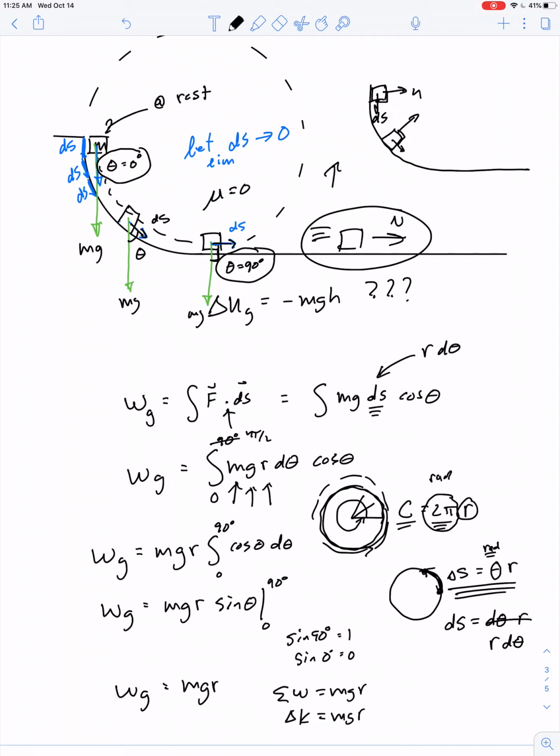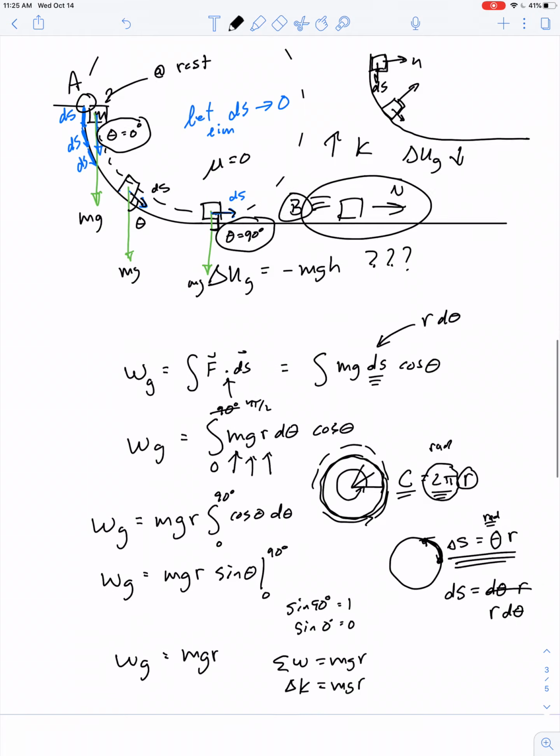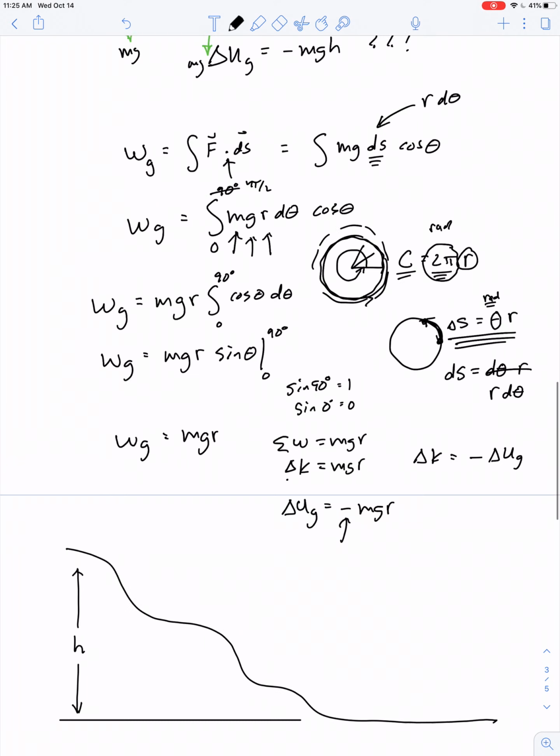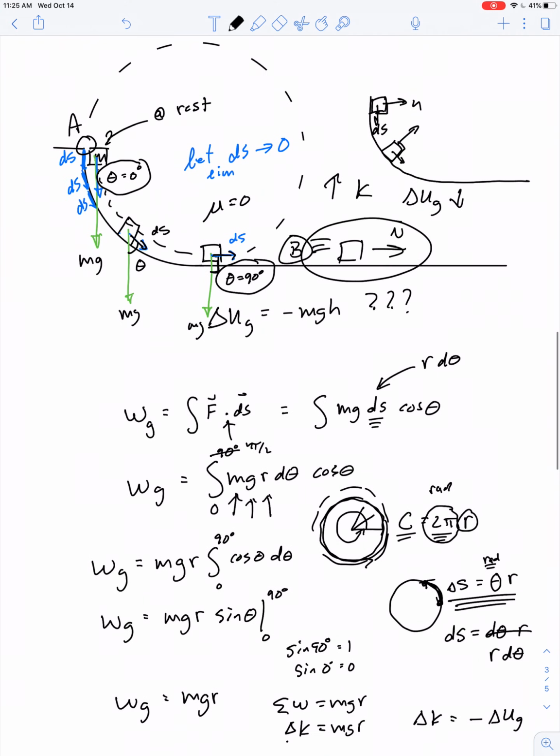So the increase in kinetic energy as it slides from point A to point B comes at the loss of gravitational potential energy. So if the gain in kinetic energy equals negative the change in gravitational potential energy, then our change in gravitational potential energy in this case is once again negative mgr. Now why negative? Because the object fell downward.